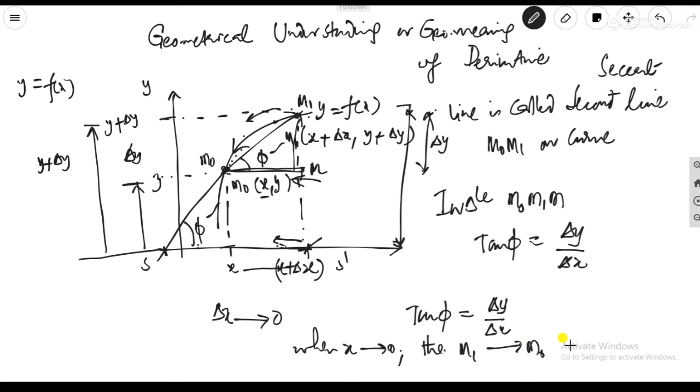That means the secant line m0 m1 will become a point m0 when this is approaching towards 0.